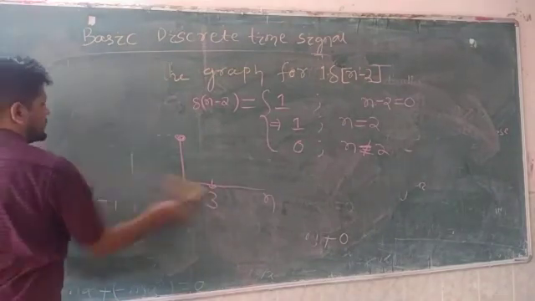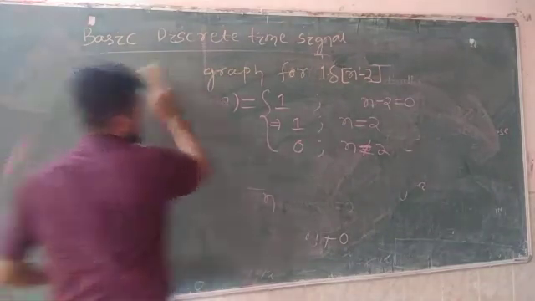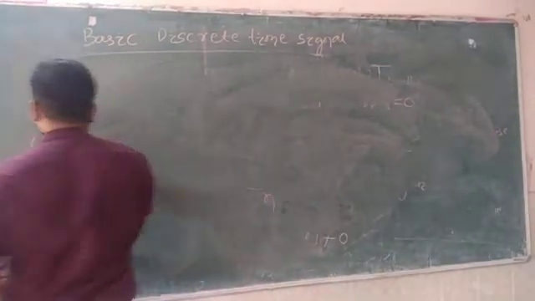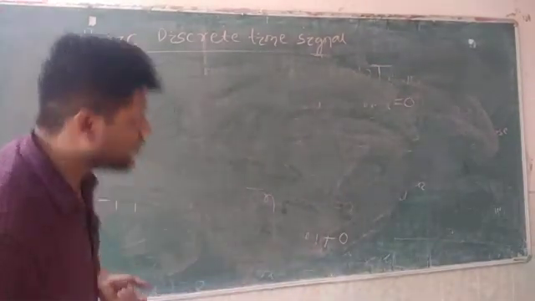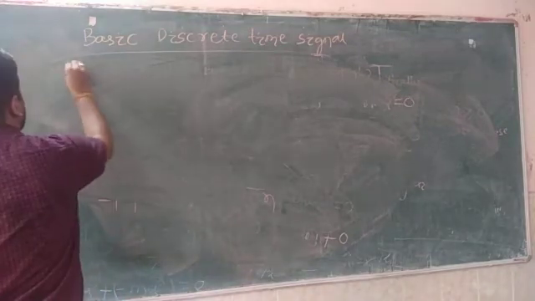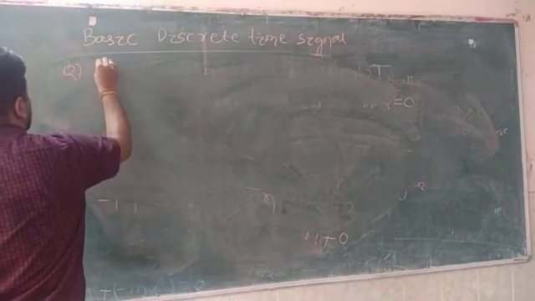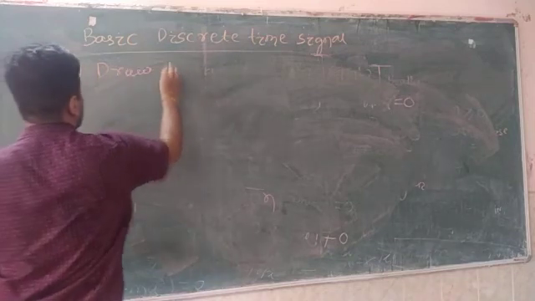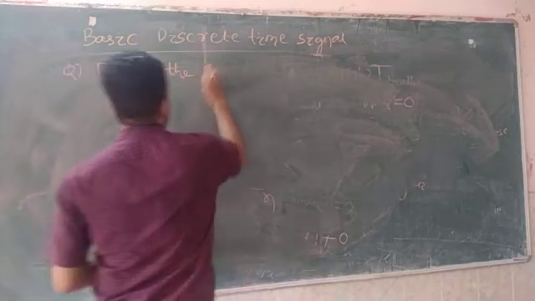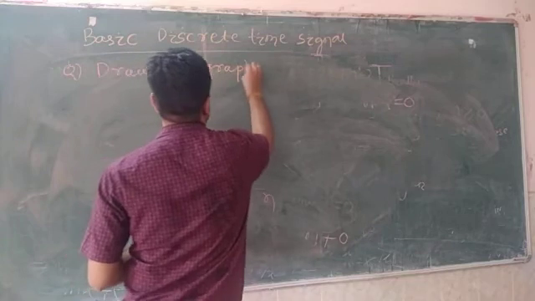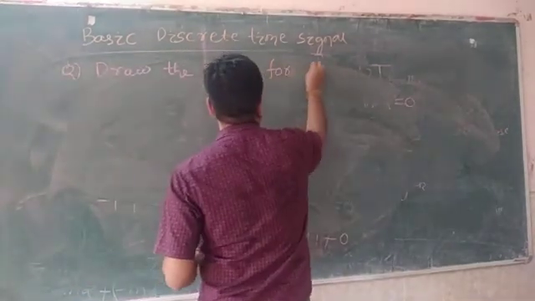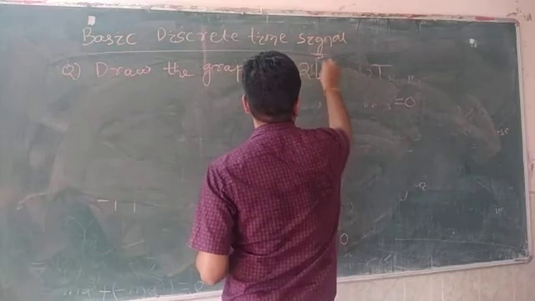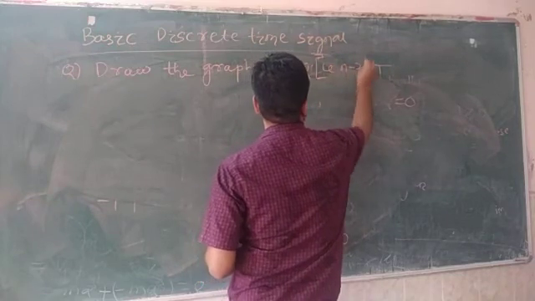Next, these three are very important, so you have to remember them. Suppose the question is: represent mathematically as well as draw the graph for twice of u of n minus 3.